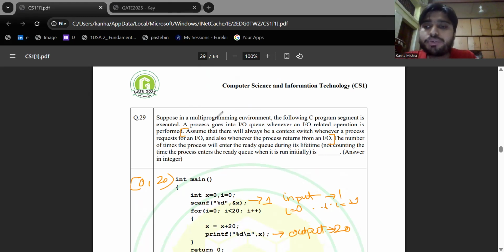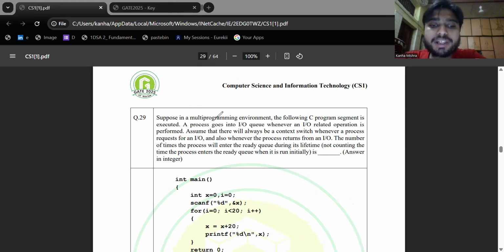As you can see, for the first input output, the scanf goes into waiting and then back to ready. Printf inside the loop is repeated 20 times, so 20 outputs.